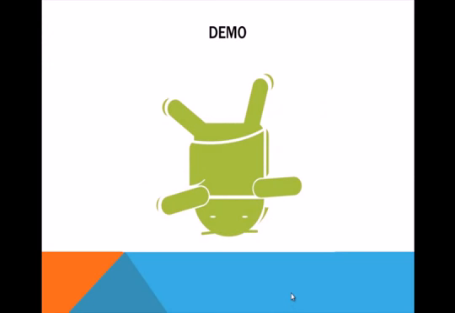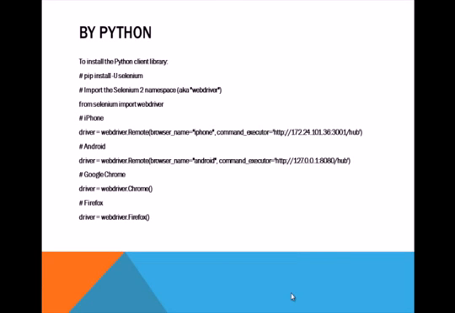Maybe some of you are very expert in Python, so you may also want to use the Python way. There's a Python way too. To use Python, you first have to install the Python client library. To install it, you have to pip install selenium. You have to use that command. Then you have to import the Selenium 2 namespace. So from selenium import webdriver.